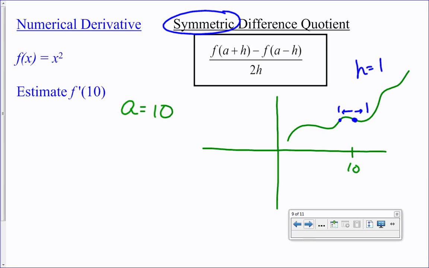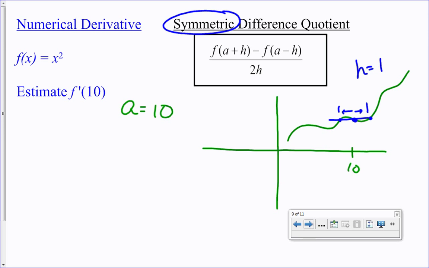And then I try to figure out that average. The closer and closer I get with those points, the more accurate my answer is going to be. Just like when I get the slope of two points, as they get closer and closer to that 1 point, that's the actual slope. Same thing applies here.